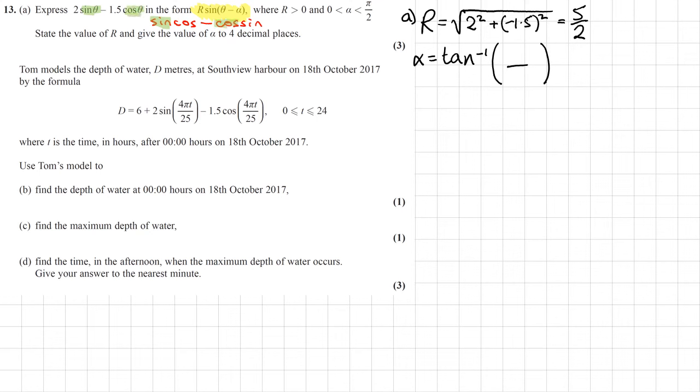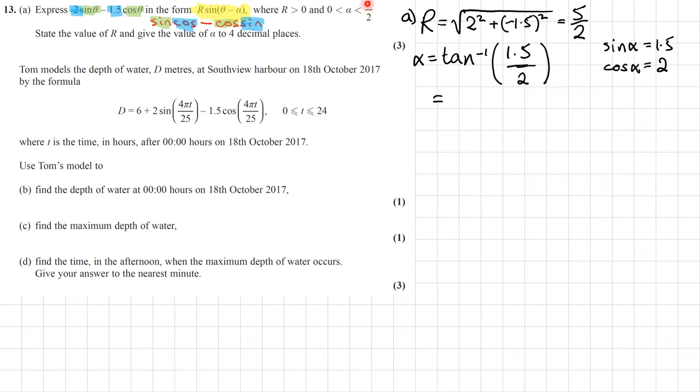What does that mean? That means that the cos goes with 2, and the sine goes with 1.5, not negative 1.5, because there's a negative there already. So we know that sine alpha is equal to 1.5 and cos alpha is equal to 2. Tan is sine over cos, so that's going to be 1.5 over 2.